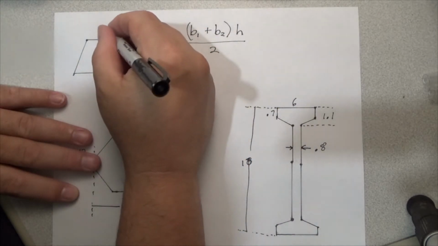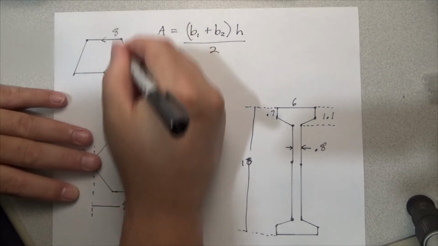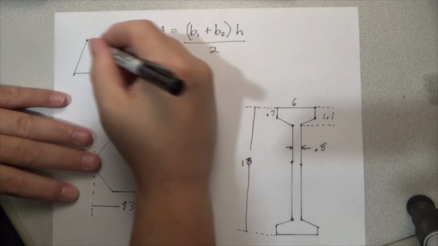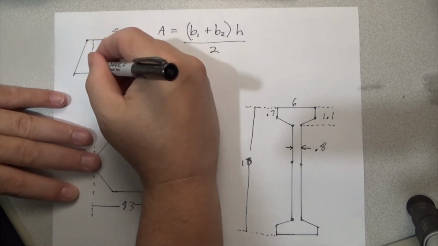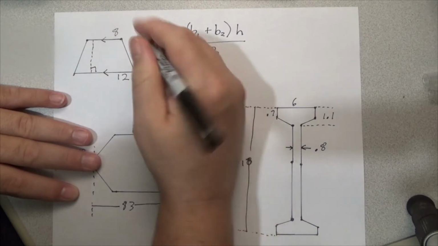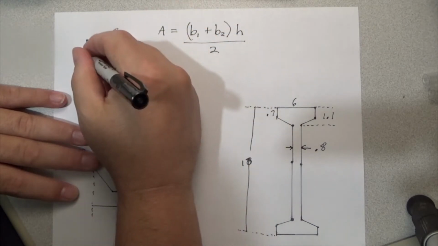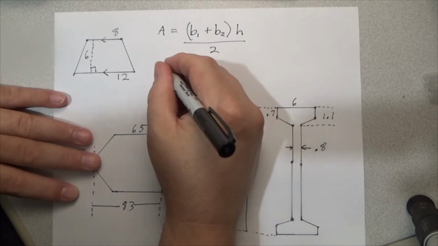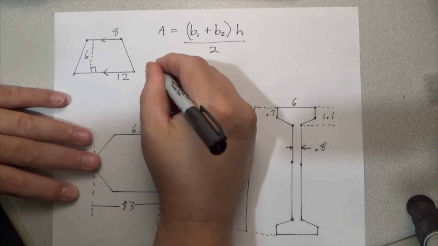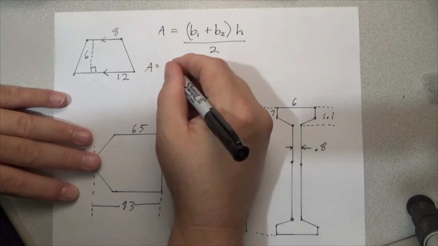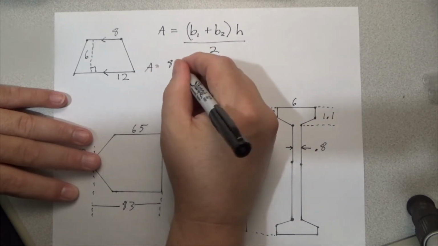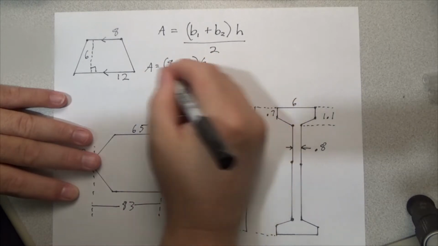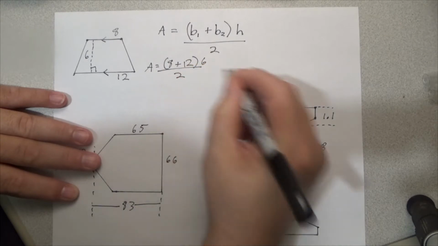Let's say that this base is 8, this one is 12, and then we have to have the height in here, perpendicular there, and let's say that that height is 6. So putting those numbers in here, I would have the area is equal to 8 plus 12 times 6 divided by 2.